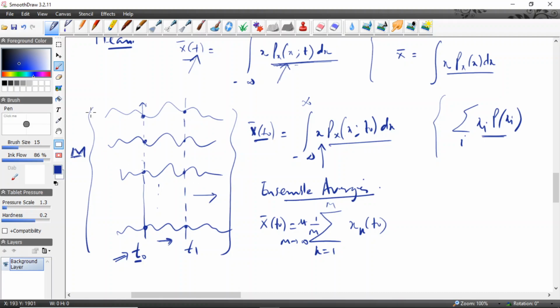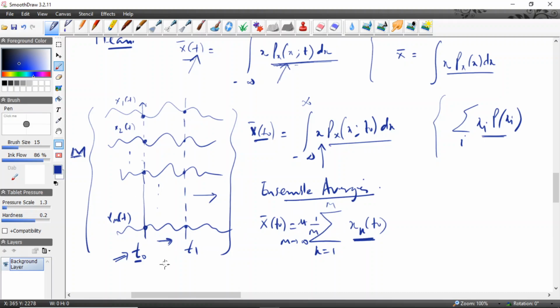So you have a collection of functions, and this is the random process. At a particular time t naught, I find the sum of all the amplitudes. This is x1(t), this is another function x2(t), x3(t), and up to xm(t). So x1 at t naught, x2 at t naught, the amplitude of this at t naught, x3 at t naught, and so on up to xm at t naught, divided by m.